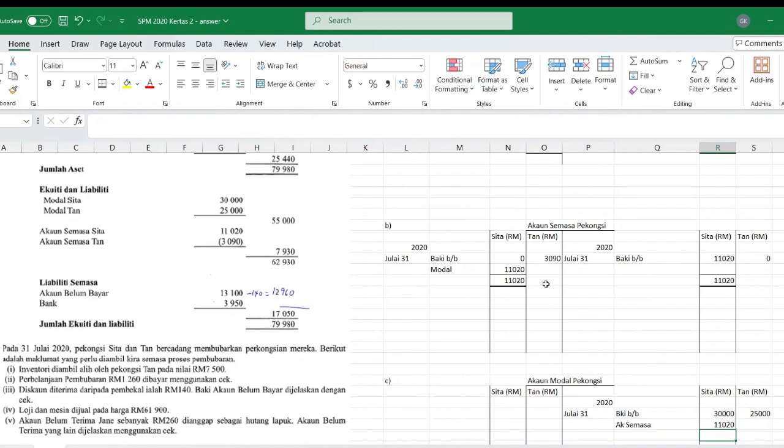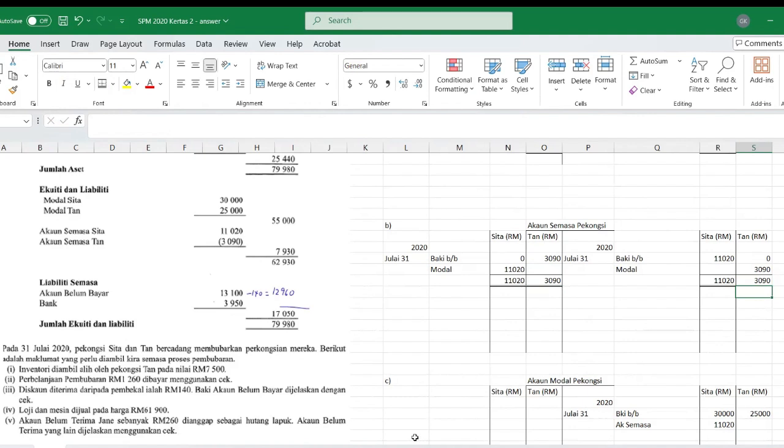Same for modal TAN. TAN has a debit balance, so we'll credit it to account modal TAN 3,090. So with that, we'll close off account semasa Perkongsi, transfer everything to account modal.